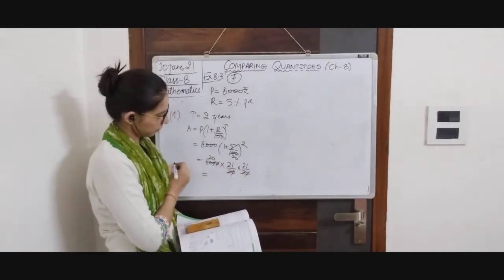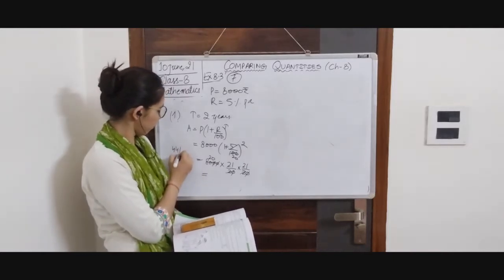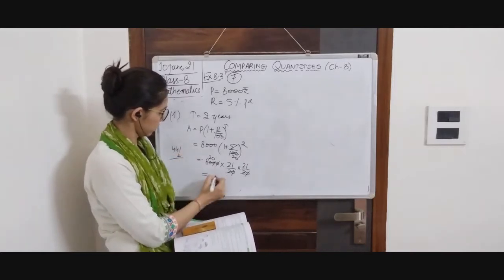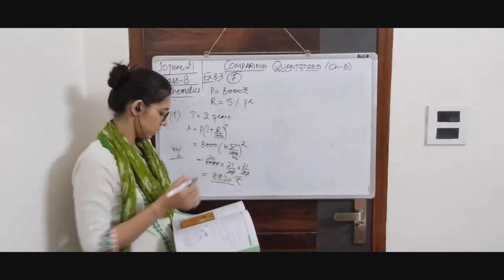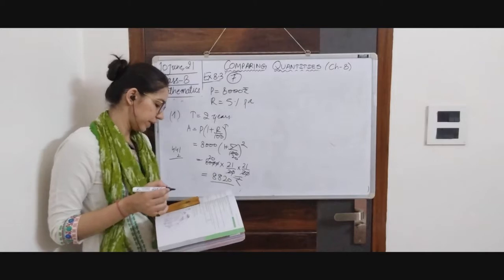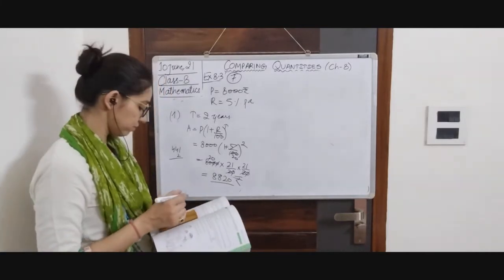It comes to 441 into 20, which is 8820. This much money will be credited against her name at the end of second year.